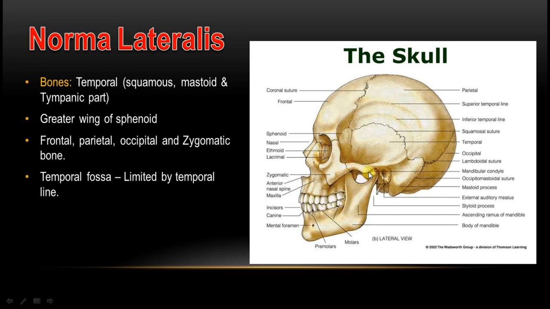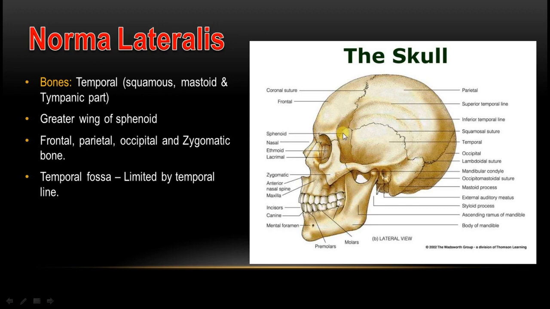Okay. Then what else you come across in the Norma lateralis? In the Norma lateralis mainly you come across the temporal fossa. The temporal fossa is mainly limited by the temporal line.